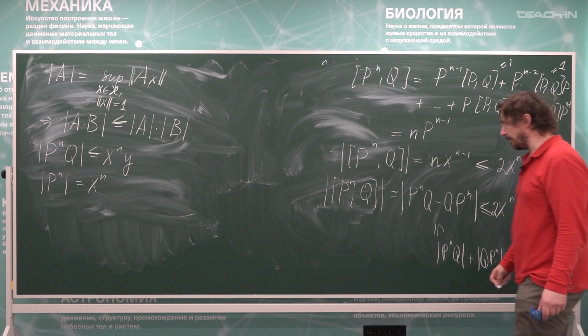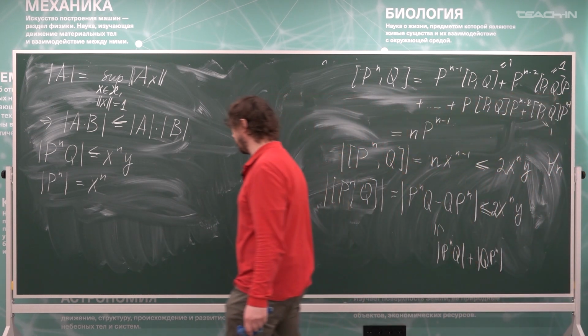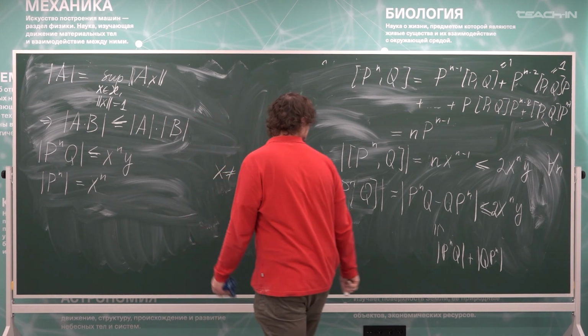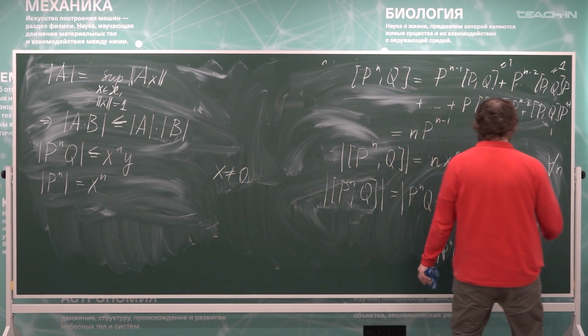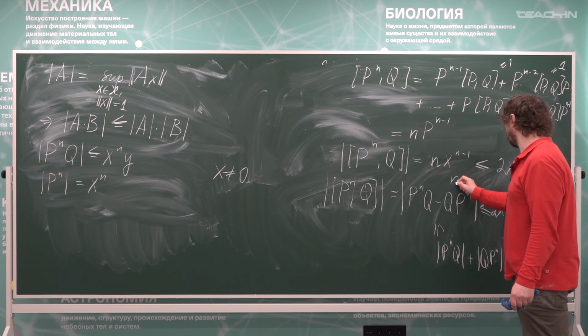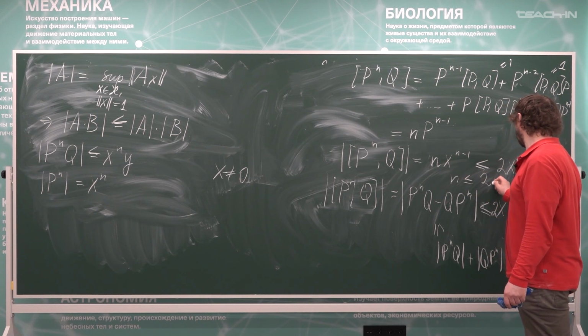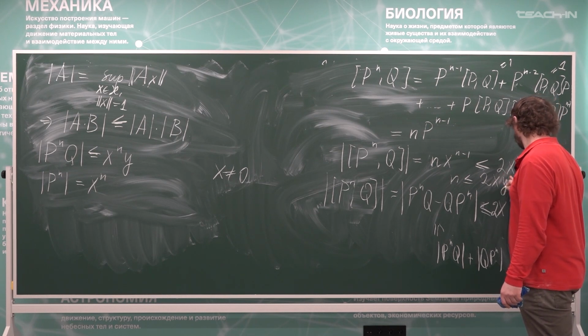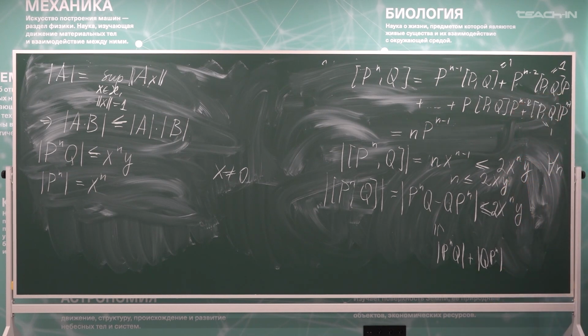Since our operator is non-trivial, x is not equal to 0. Hence we have that n is less or equal to twice x times y, which cannot be true unless either x or y or both are equal to infinity.